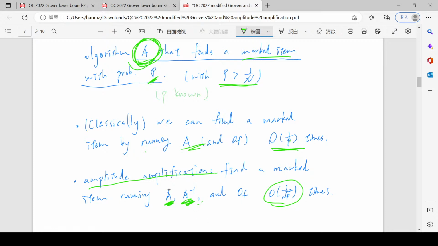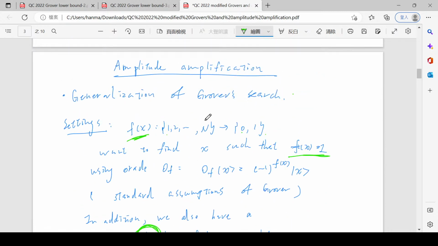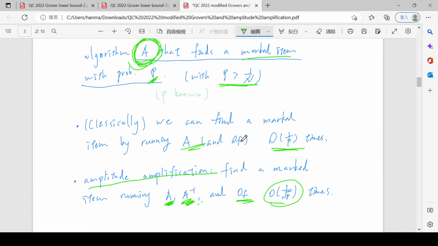That should be possible. And also, you need to run a few of your original Grover oracle to check your answer. Okay. Anyway, so assume all those require order 1 time, then the total algorithm only needs to run order 1 over square root of p, and that is the square root speedup, just like Grover's algorithm.